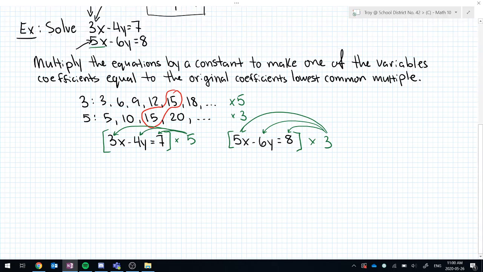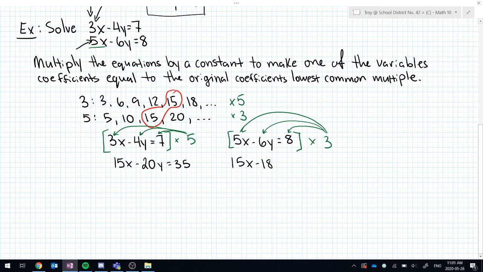Okay, so when we do that, we get 3x times 5, 15x. Negative 4 times 5 is negative 20. And 5 times 7, 35. And over here we get 15x as well.